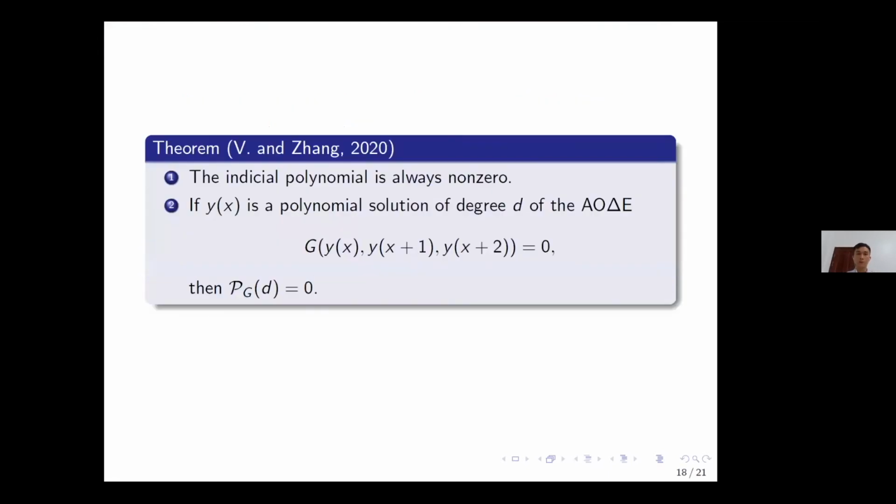And then we prove that, first, the initial polynomial is always non-zero. That's the first thing. And the second thing, if y(x) is a polynomial solution of degree d of the given AOΔE, then the degree d must be a root of the initial polynomial. So now we can bound the degree of the polynomial solution by determining the integer roots of the initial polynomial.